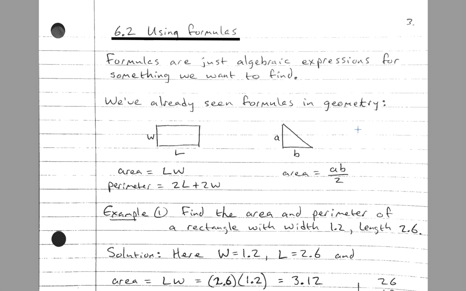And in general, the area of any triangle is just half the base times the height. So B times H divided by 2. All right, so simple formulas for areas. You can get areas for things like circles. It's slightly more complicated.